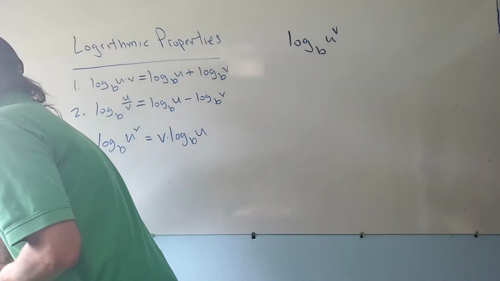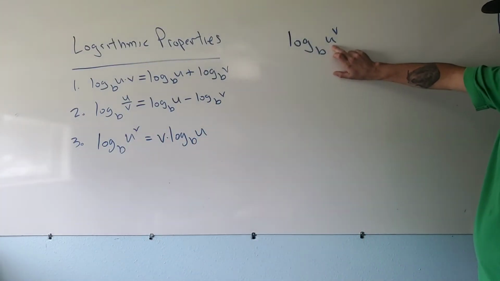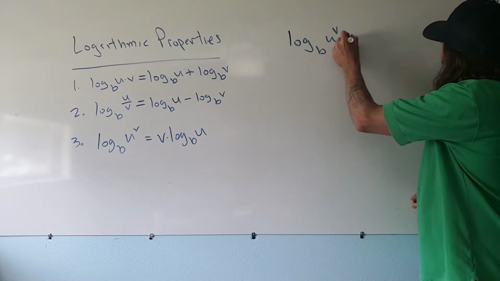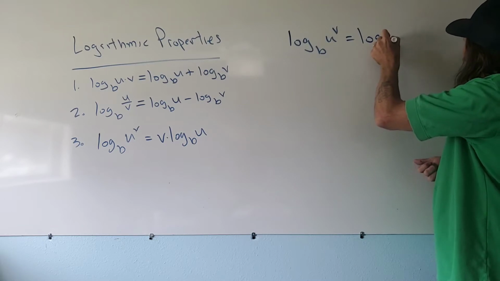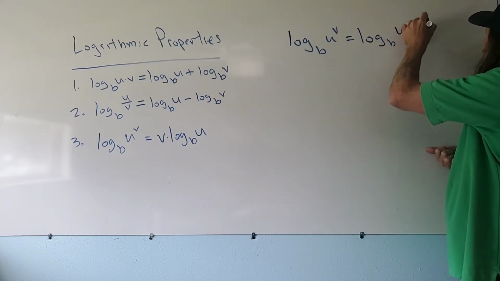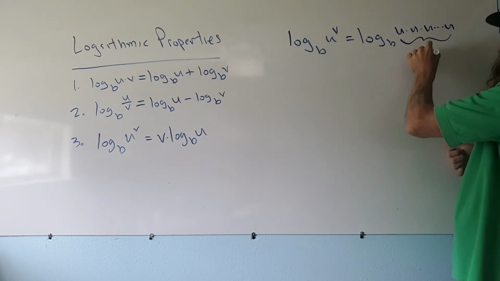So I wrote on the board log base b of u to the v power. Now I very quickly can rewrite this as log base b of u times u times u, v times.